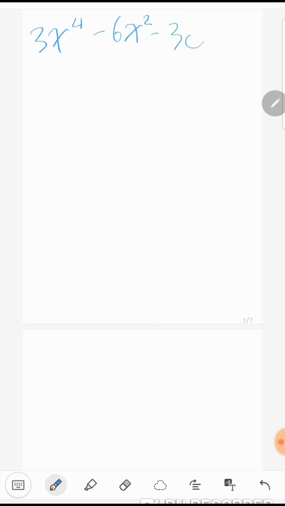So this will be a video about how to do synthetic substitution. For example, if I have the function f(x) = 3x^4 + 6x^2 - 30, and then c is 2, so this means x minus 2.